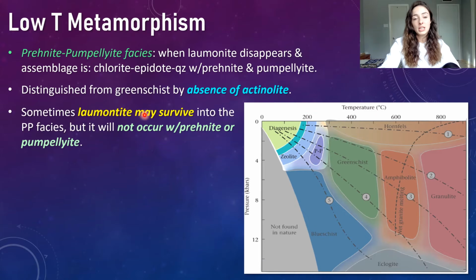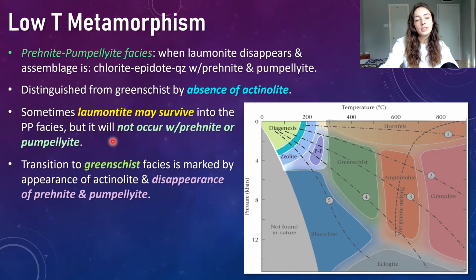Sometimes, however, lawsonite, that high temperature zeolite, may survive into the PNP facies, but will not occur with prehnite or pumpellyite. And then the transition to the Greenschist facies is marked by the appearance of actinolite and the disappearance of prehnite and pumpellyite.